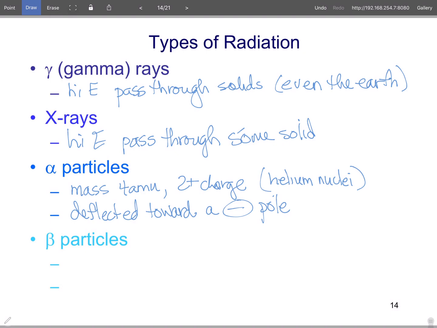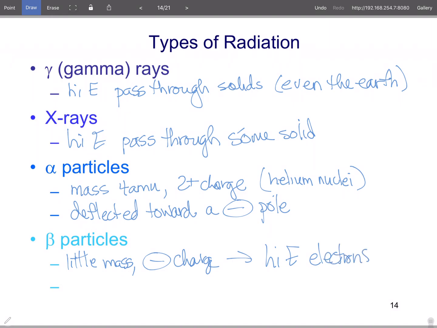Whereas beta particles have little mass. They do have mass, but not much. They're negative charge, and what they really are is high energy electrons. So beta particles are deflected towards a positive pole.